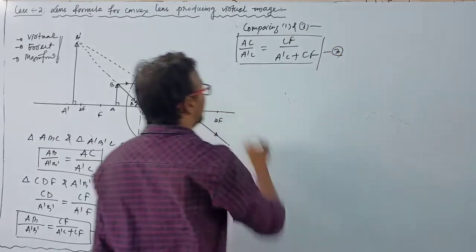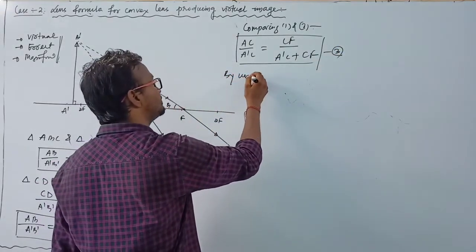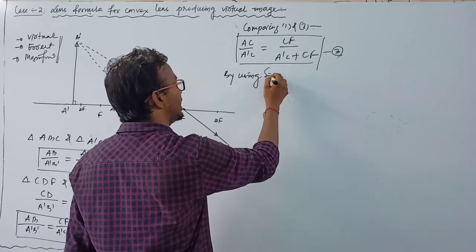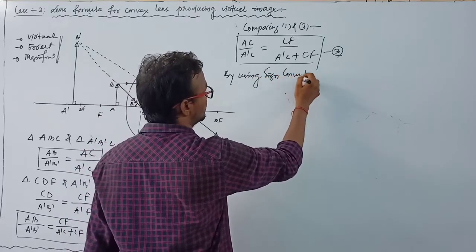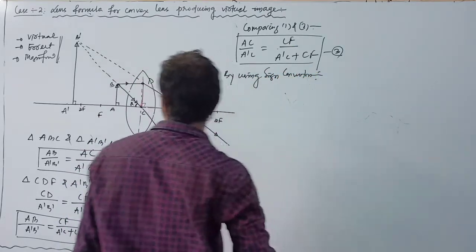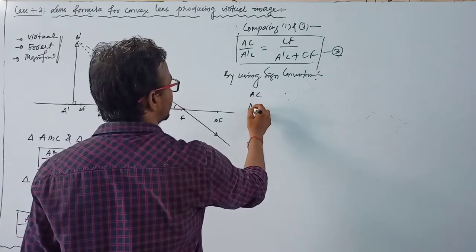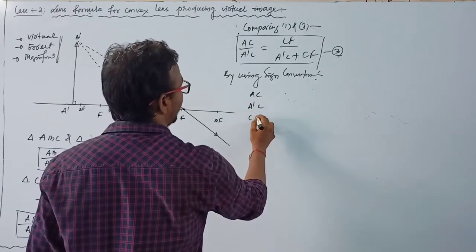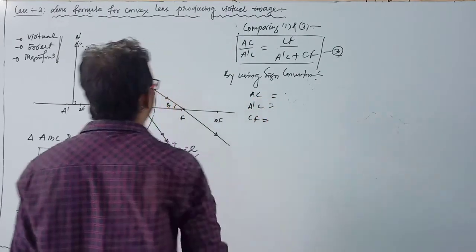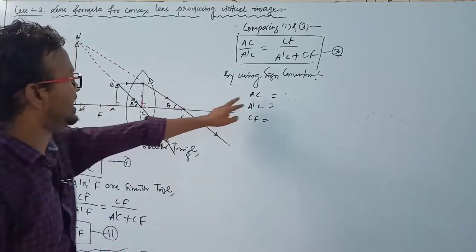In the third equation, by using sign convention, we can find the value of AC, A'C and CF. First find the value of AC.